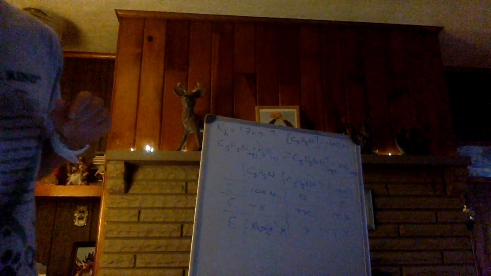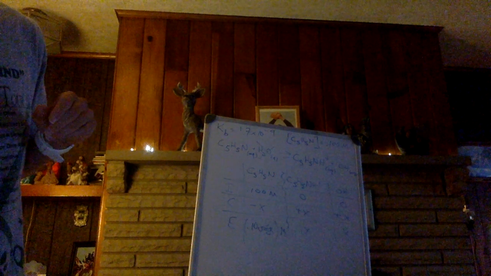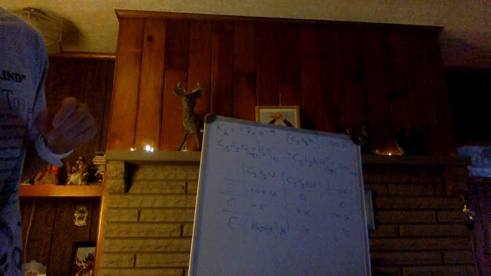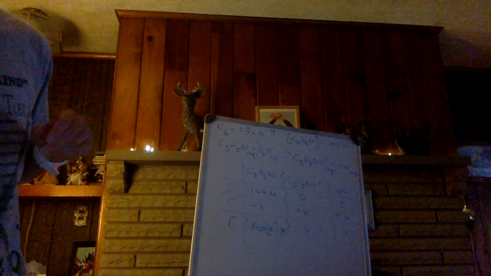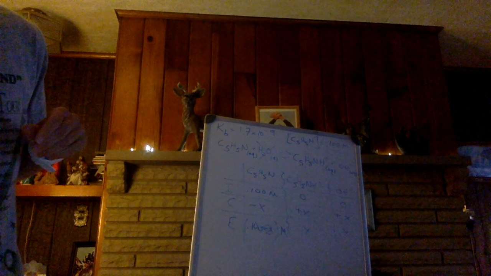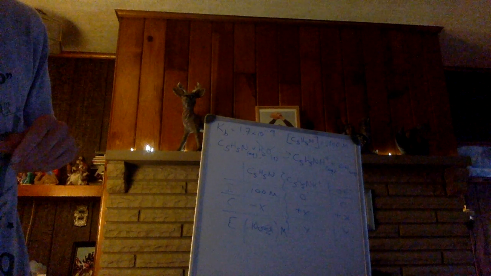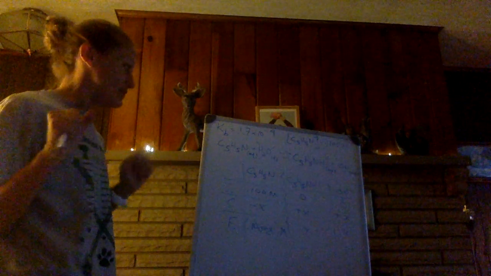If I wanted to check, 0.1 divided by 1.7 times 10 to the negative 9, it's like millions, maybe billions. That's cool. So this is what I've got so far, and that's what I'm going to use in my Kb equation.